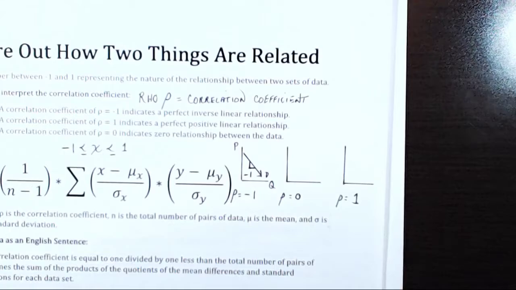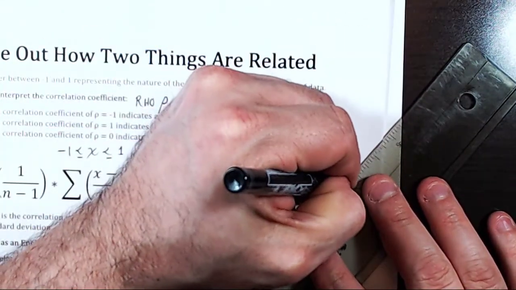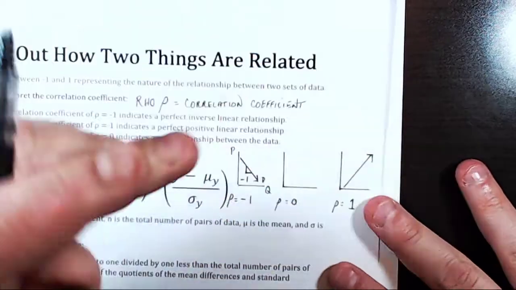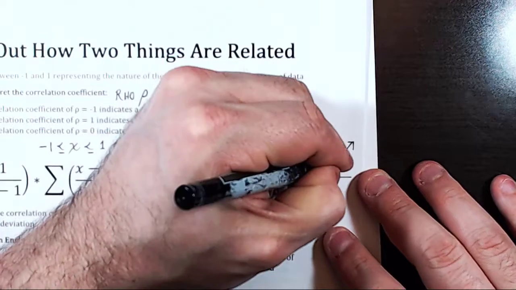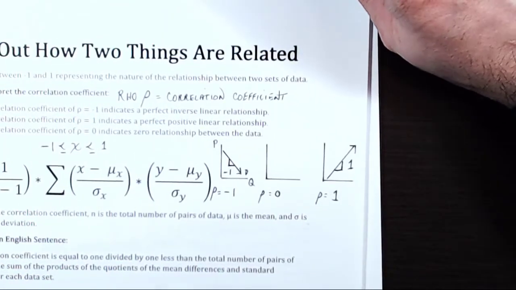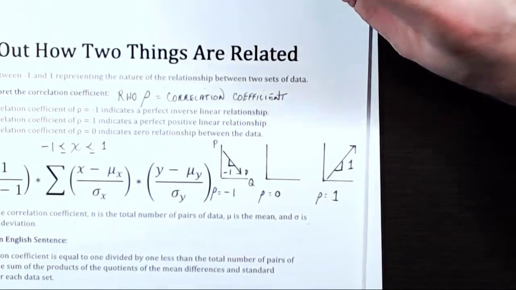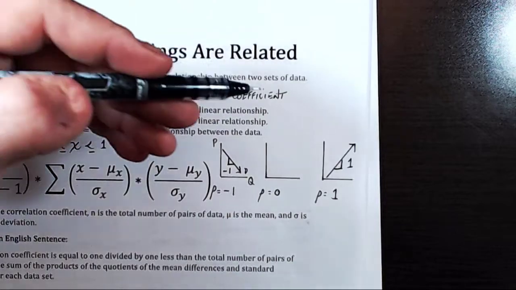Now over here on positive, well, if that was negative, then this is positive. An upward sloping line, again, with a slope of 1. All right? Some examples would be, and this is where I like to be a little bit funny.